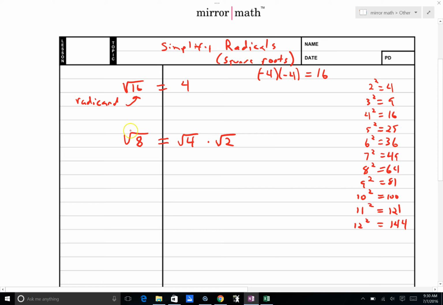We can rewrite a square root as the product of 2 square roots. The square root of 4 times the square root of 2 is the square root of 8. And this probably makes perfect sense to you. You just multiply the two radicands together. 4 times 2 is 8. Now we can take the square root of 4. What is the square root of 4? It's 2. So this becomes 2 times the square root of 2.